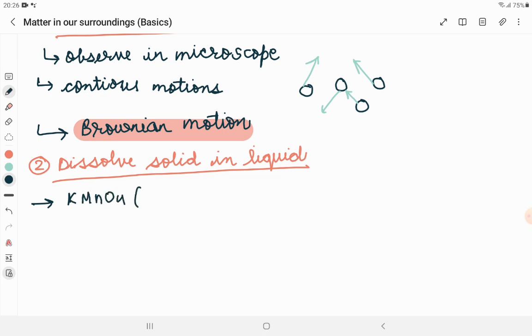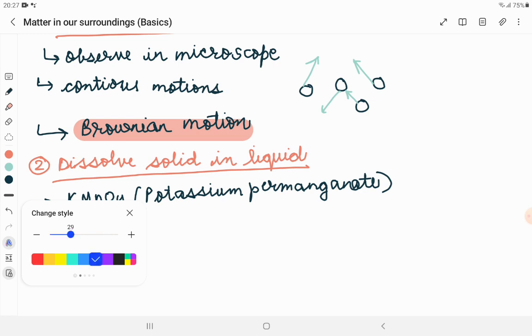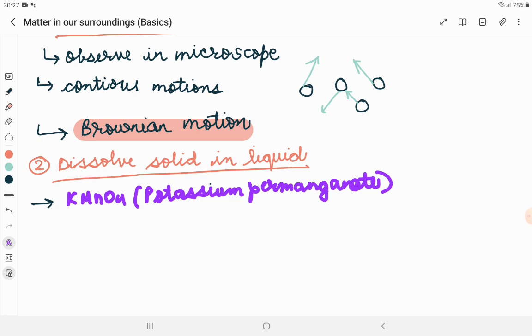What is this KMnO4? This KMnO4 is potassium permanganate, and the color of KMnO4 is very violet. This is how potassium permanganate looks.